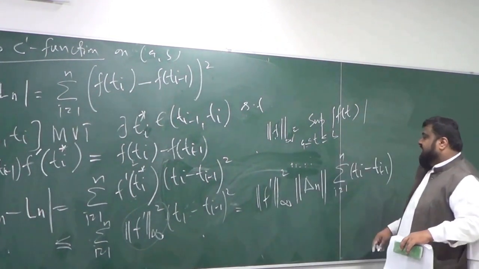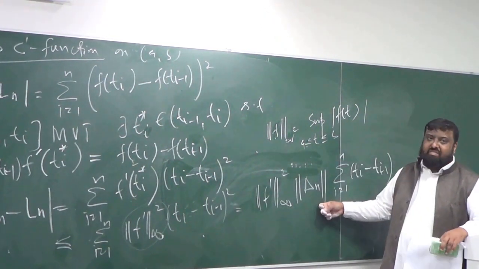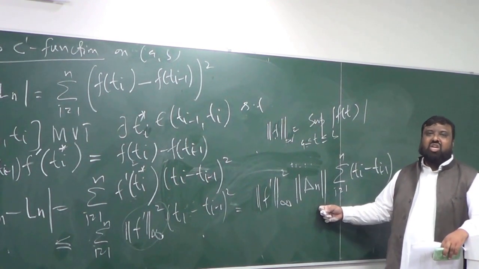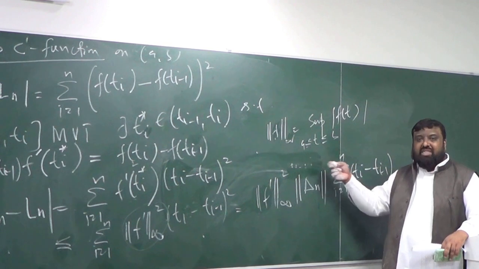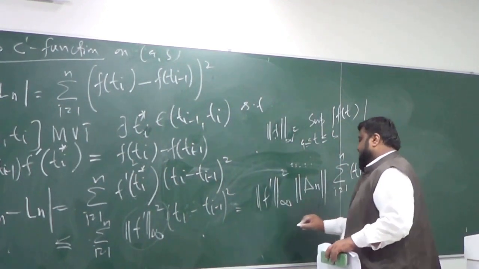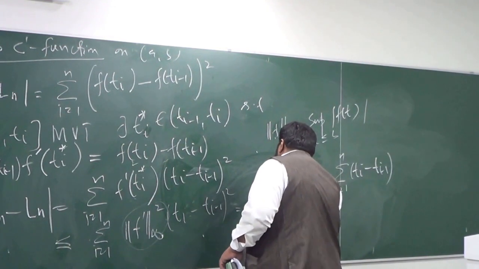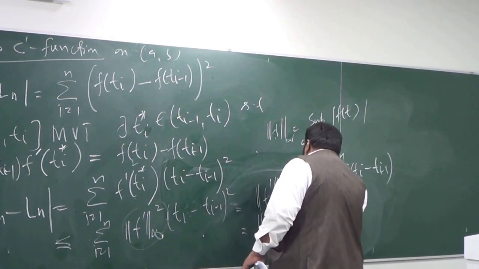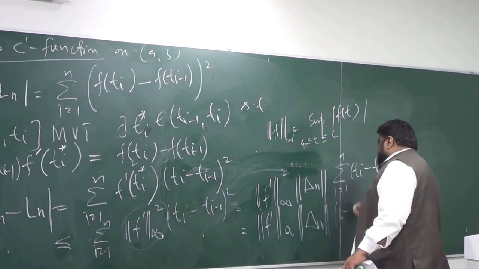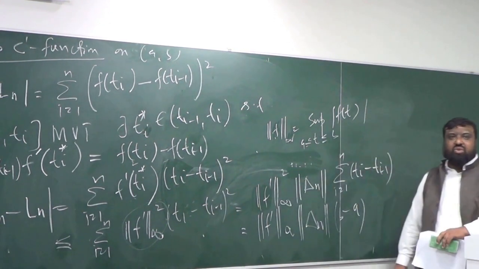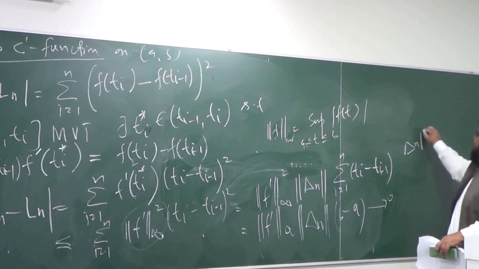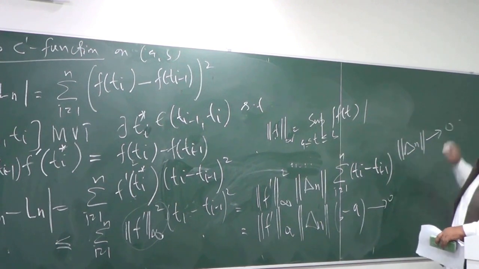Obviously I know that this is less than or equal to the maximum of the length of all subintervals. And this would be the infinity norm of f prime times the norm of delta n times b minus a. So that's it, the Riemann sum, and this would go to 0 as this guy goes to 0.